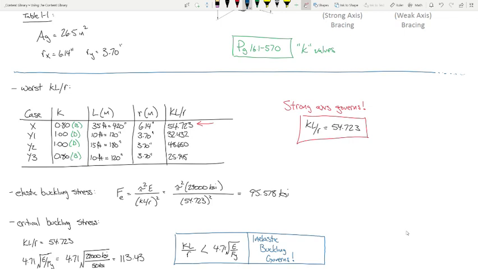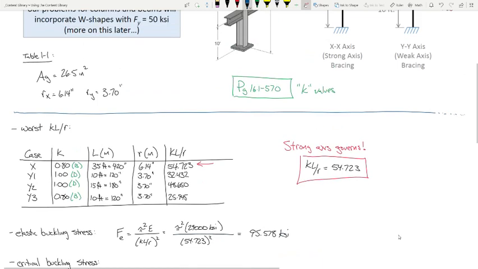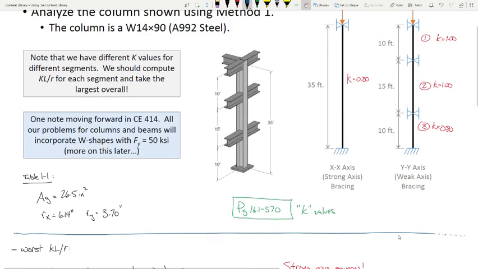Now, the only other comment I want to make about the problem from a homework and exam perspective is this part right here. Does anybody see how we might have wasted a little bit of time on this problem when we looked at the slenderness?